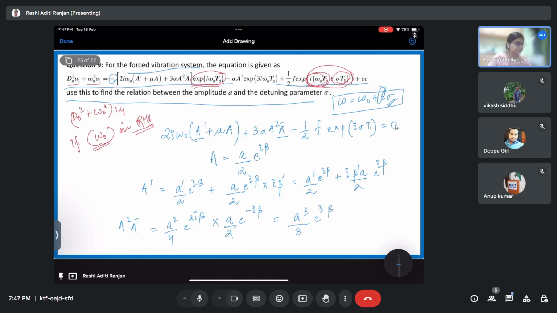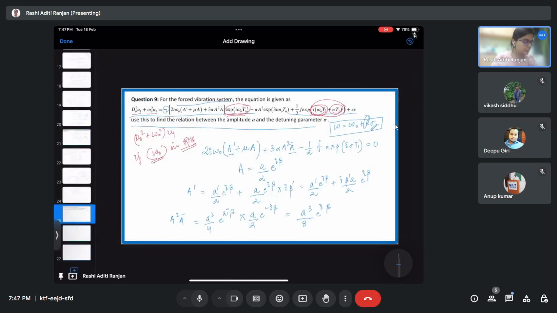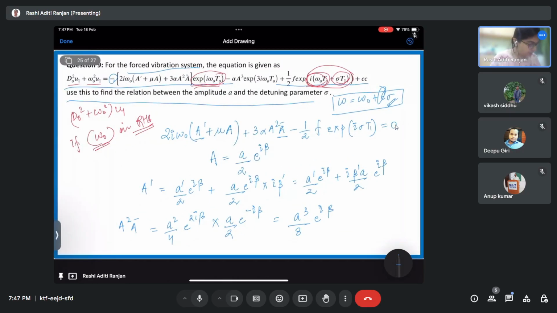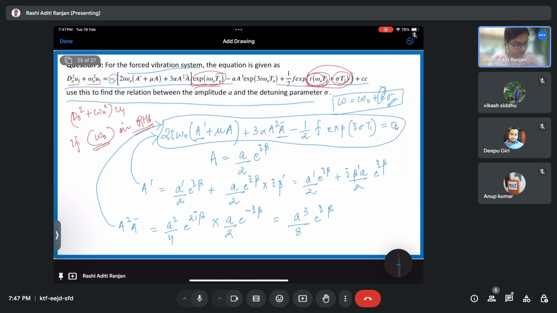Very simple. So I will just put this one and this one into this equation. We'll put it in this equation, then we'll see what we are getting.